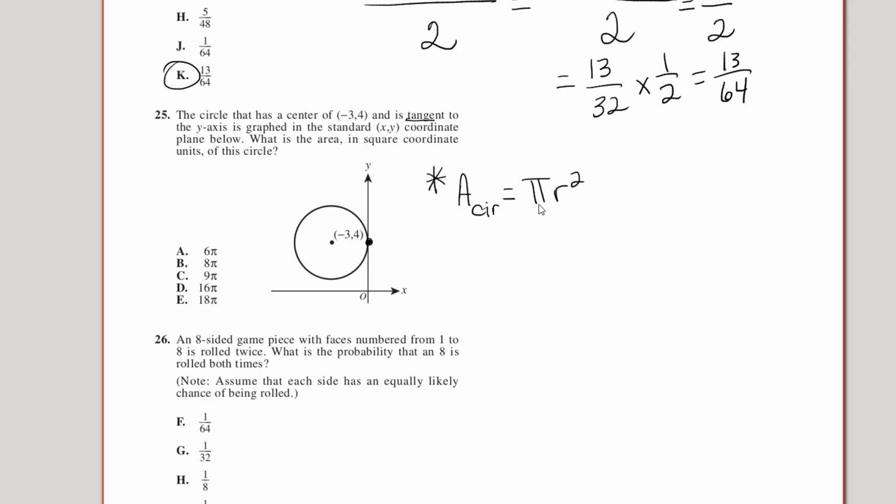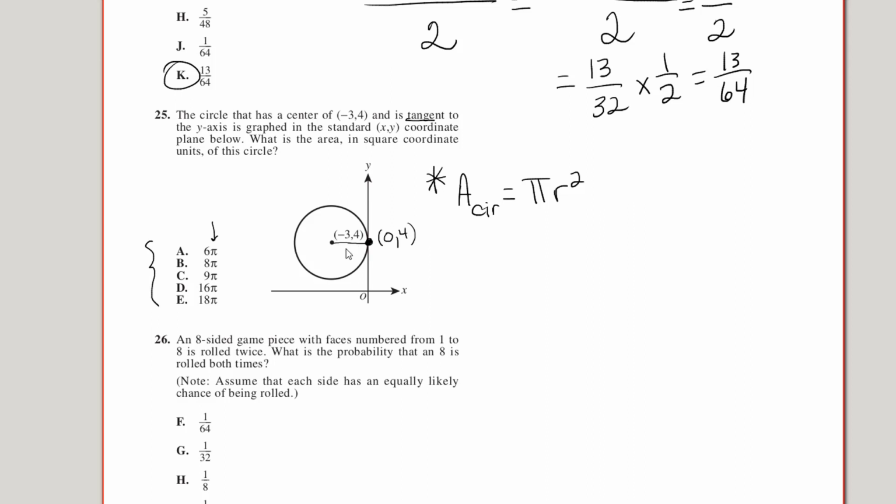Okay, so when we're finding the area, another thing I'm looking at in our answer choices is that they make use of pi in the answer. So I don't have to plug in a value for pi, I'll just use that symbol. But I do need to know what the radius of this circle is. And it's important that we know that this is tangent at this point, meaning that it touches there on the y-axis, so we're going to have an x value of 0 at that point and a y value equivalent to what we have at the center, which is 4.